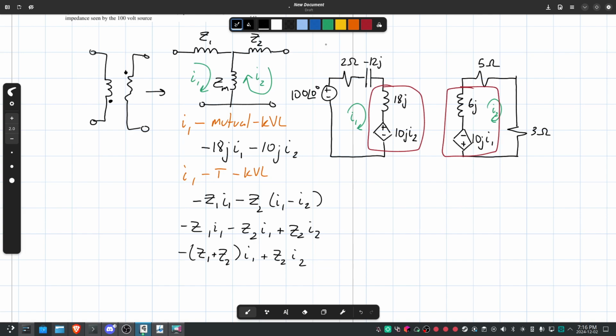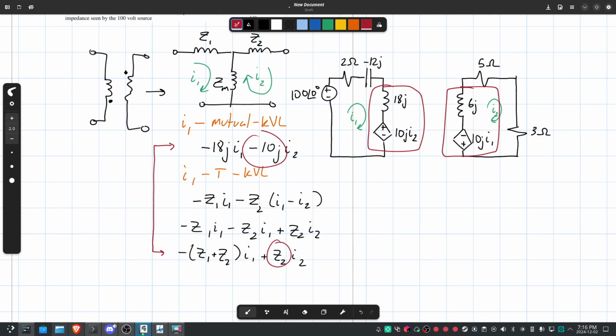We need to make these two match, because it is an equivalent circuit. We're trying to make a circuit that does the same thing as what we started with. We need some Z1 plus Z2 and Z2 to make I2. Well, let's look here.